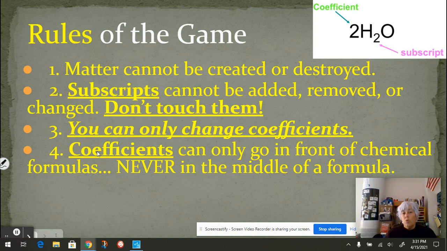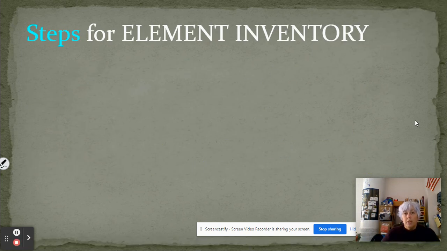Especially 2 and 4, they're reminders about what you can't do. You can't change a subscript. You can't put a coefficient in between a chemical formula. You can only put it in front. Really, number 3 is the only thing that you really need to remember. Don't do this, and you have to follow this.